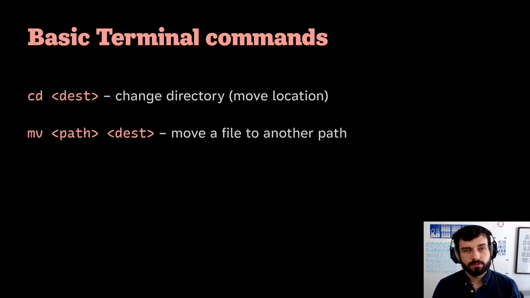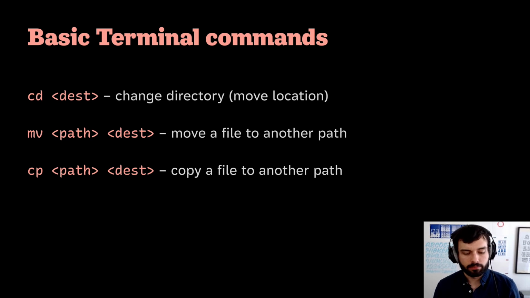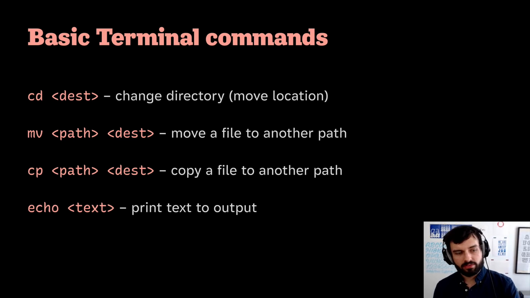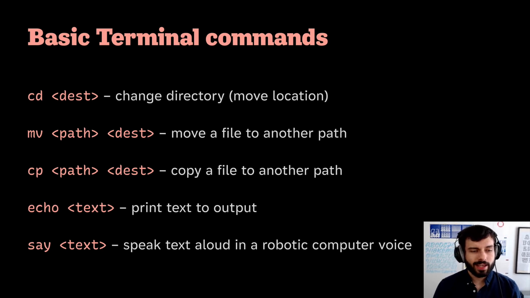So basic terminal commands, we just looked at cd. There's also mv for moving a file to another file path or directory. cp is very similar. It's to copy a file. echo is to print text to the output of the terminal, and that's really helpful, especially in a shell script scenario. And then say is kind of like the fun version of echo.